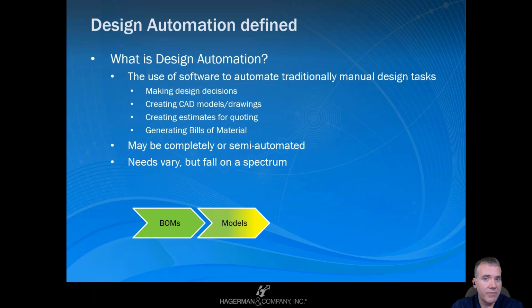AutoCAD is pretty straightforward to automate simply because a lot of times you're just putting blocks into a 2D drawing or drawing lines, arcs, and circles. And while there can be a lot of effort getting to the point where you're drawing the right things, it still is relatively straightforward because you are drawing, and generally you know what you need to draw.